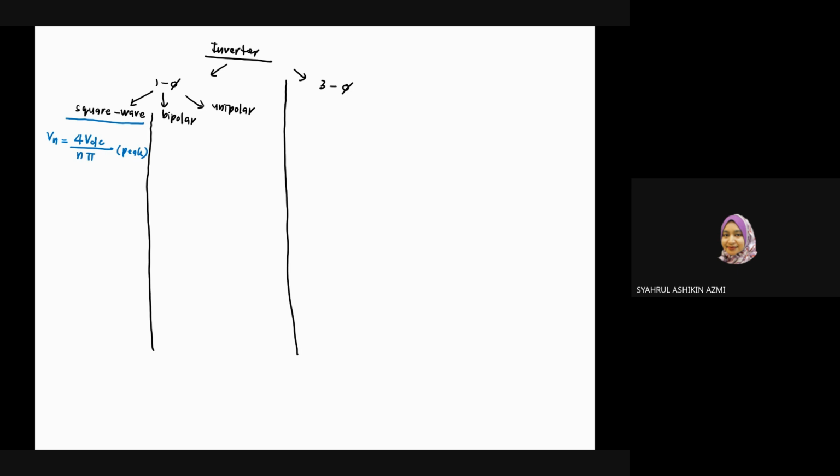If you want to do it in RMS, don't forget to put root 2 in the denominator. And then you have the impedance, the equation for the impedance, and then obviously your current.